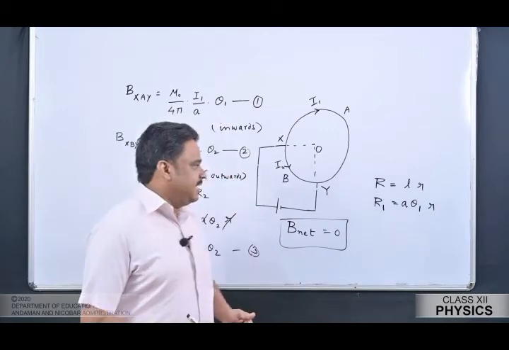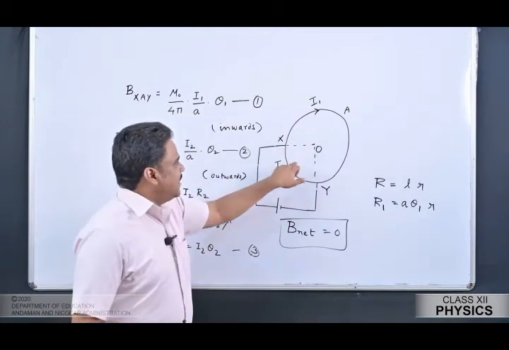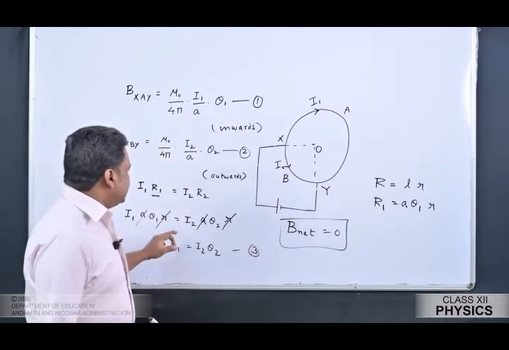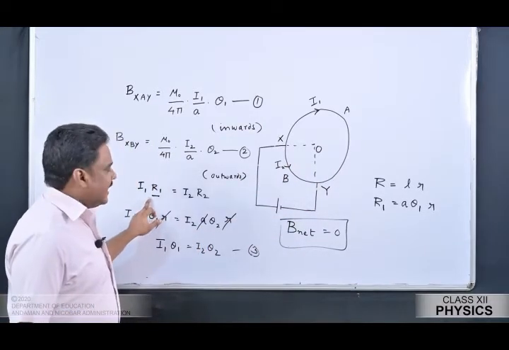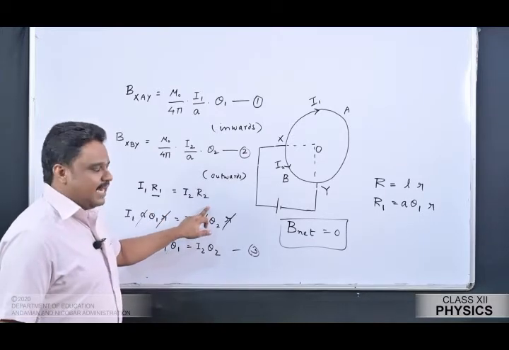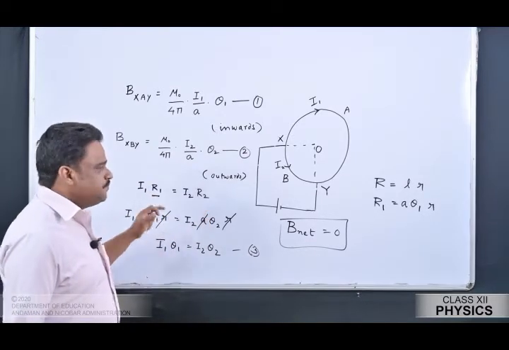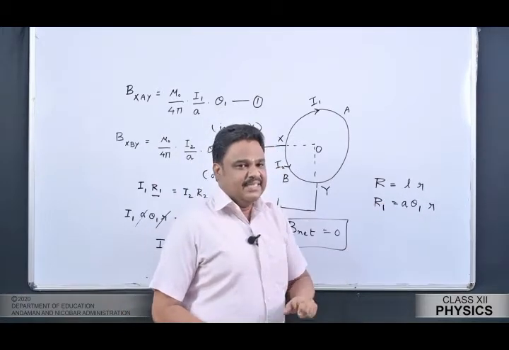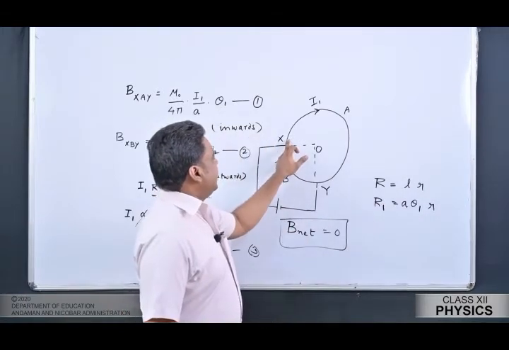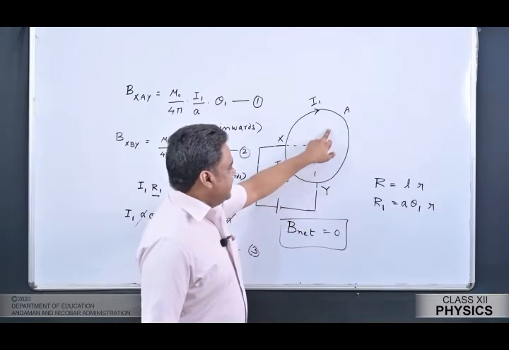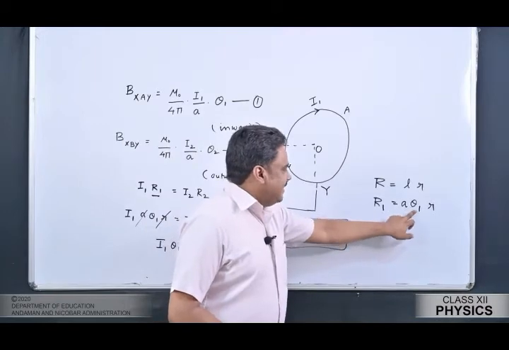For that, I am assuming, since the two parts of the circular loop are connected across XY, obviously the potential difference remains the same. That is I1 R1 is equal to I2 R2. How to get the resistance? Resistance can be obtained by multiplying the length with the unit resistance. The length of XAY is basically an arc, and arc length is arc angle into radius.